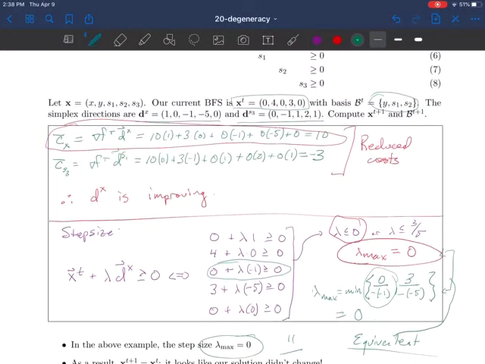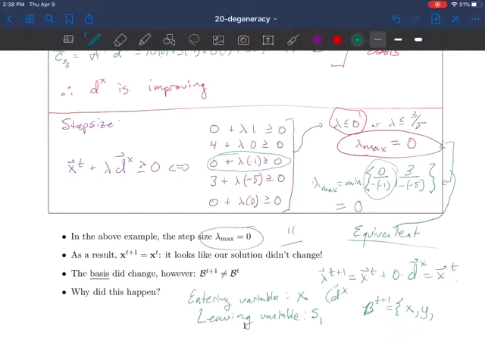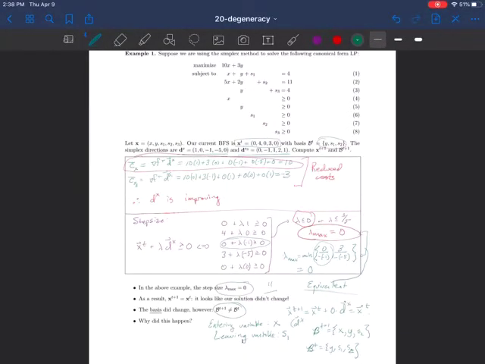So our basis, bt plus 1, now equals x, y, and s2. So this is true. Remember that bt equaled y, s1, s2. So our basis changed, but our point did not change. So we didn't have any geometric movement because the step size was 0, but we did have a combinatorial change.